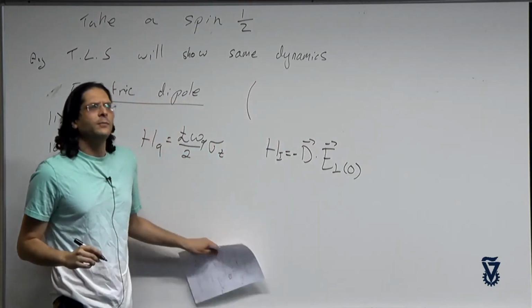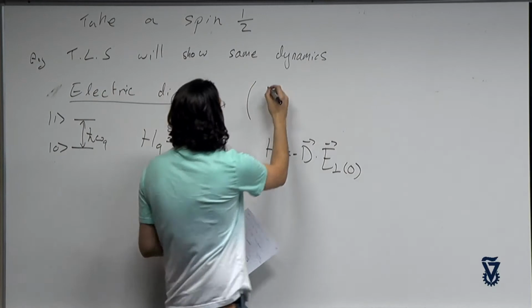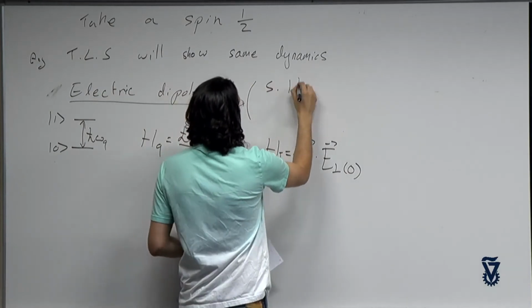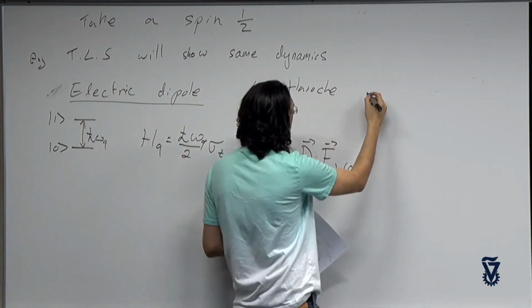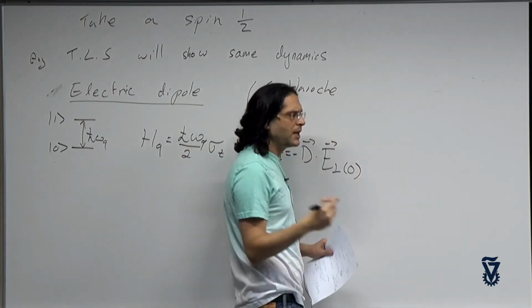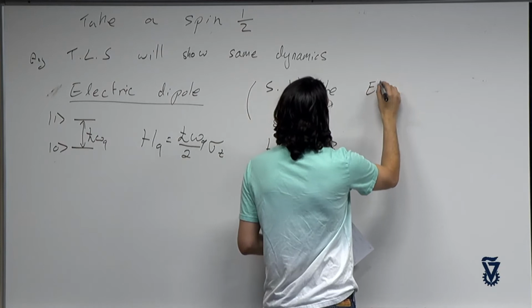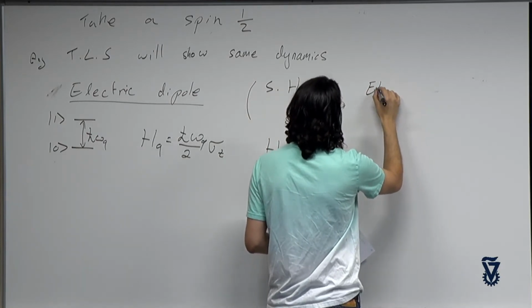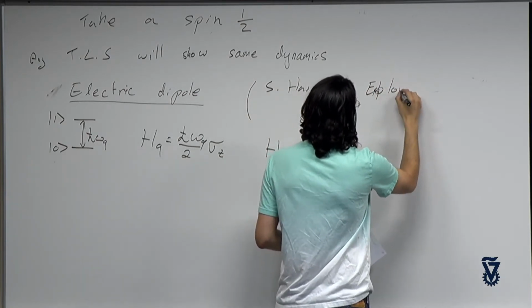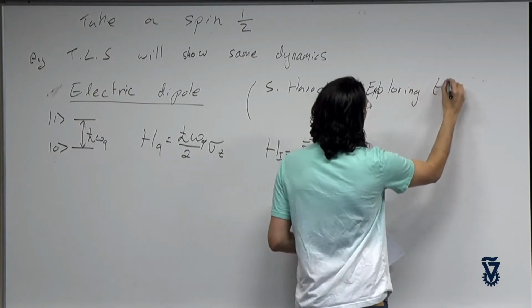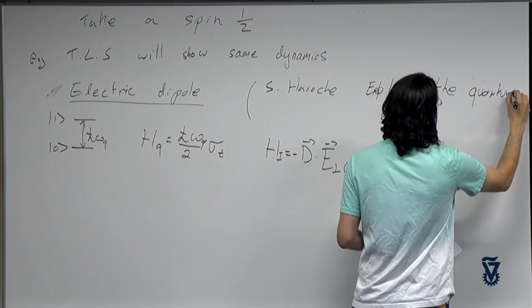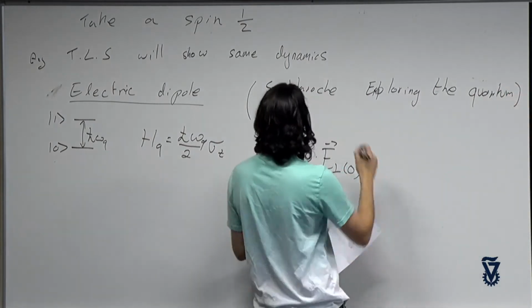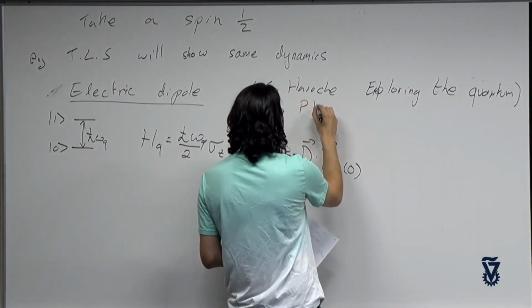The derivation that I'm doing now is taken from the Serge Haroche book, the one that I gave you at the beginning of the semester, called Exploring the Quantum. It's taken from page 145.